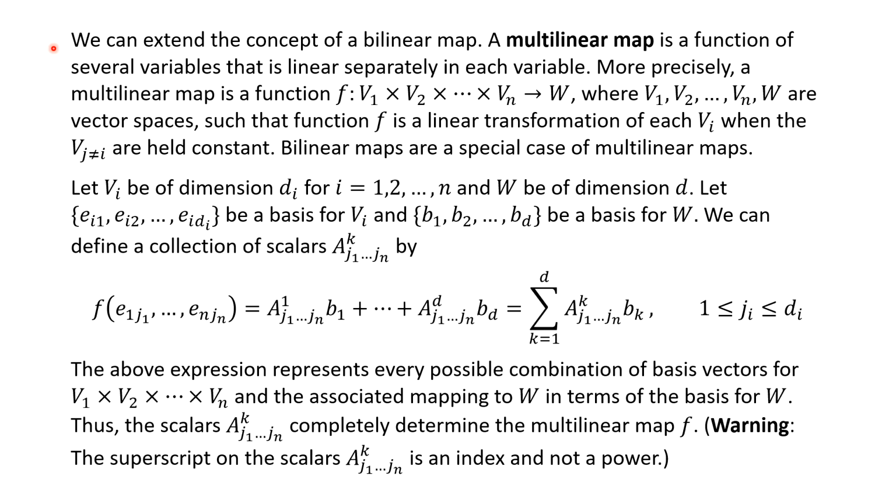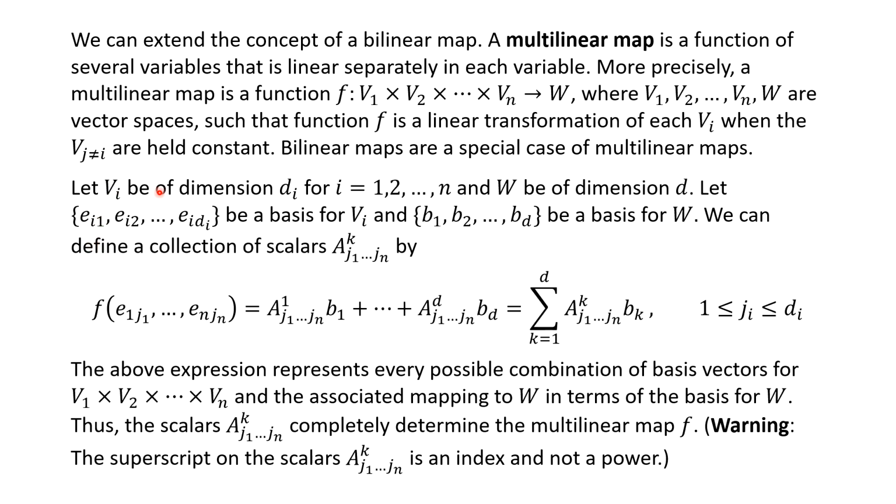More precisely, a multilinear map is a function f with domain the Cartesian product of n vector spaces, and they can be different, to a vector space W, where the function f is linear in each vector space V_i, where we hold the other vector spaces constant, just the way we did with the bilinear map, but there we only had to hold one constant and let the other vector space vary. And bilinear maps are a special case of multilinear maps.